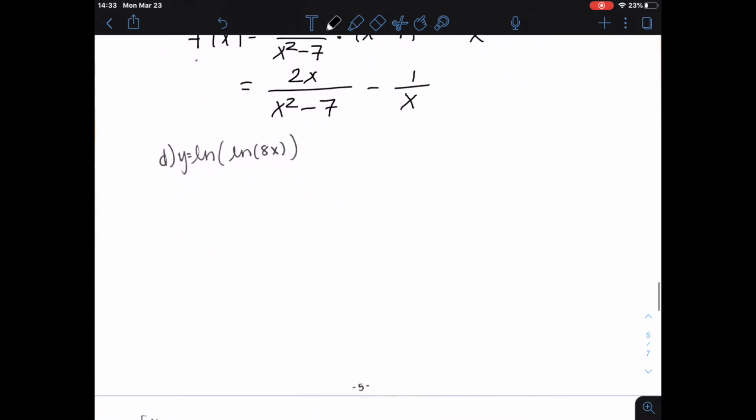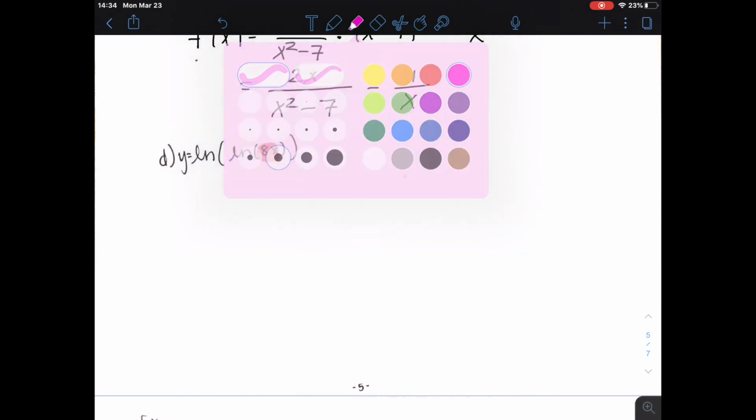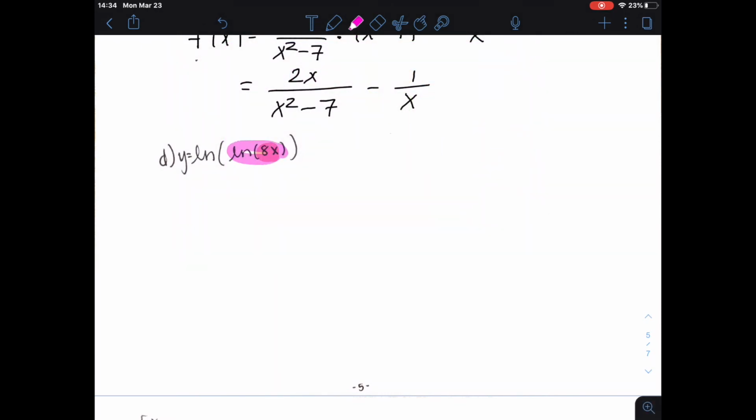So let's do one more just to get some practice. We've got the natural log of the natural log of 8x. So we've got a function inside of a function, and that is inside of another function. So we're going to really have to apply two chain rules here.